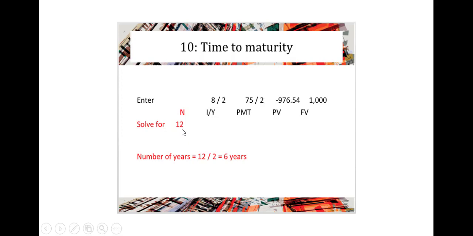The question asks for number of years, so you must divide 12 by 2 because this is the number of periods, and the coupon payment is twice a year. So the number of years is 12 divided by 2, which equals 6 years.